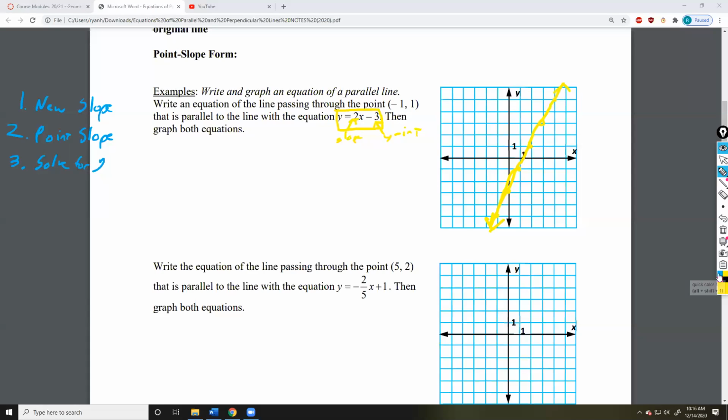All right. Let's get our other line that is parallel to this line. So step 1, we get our new slope.